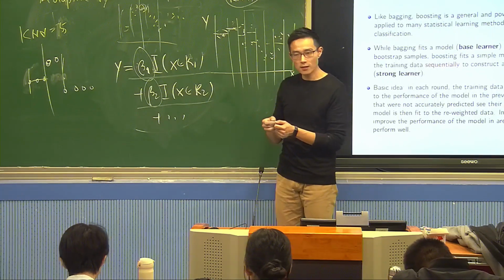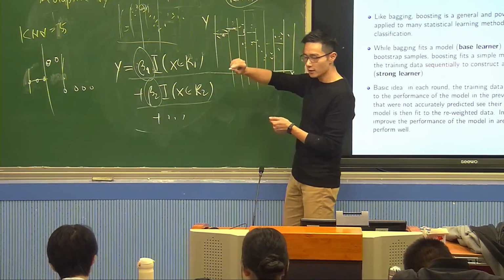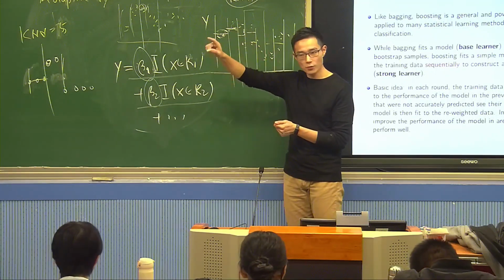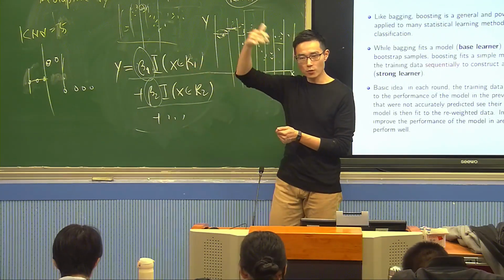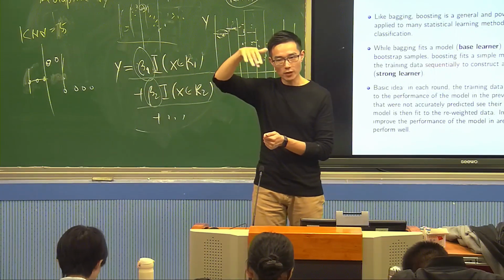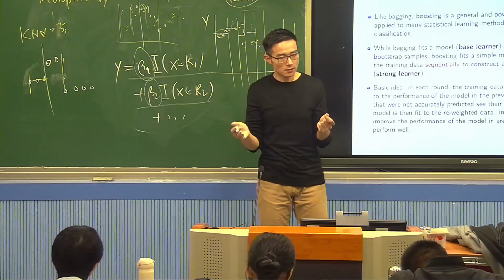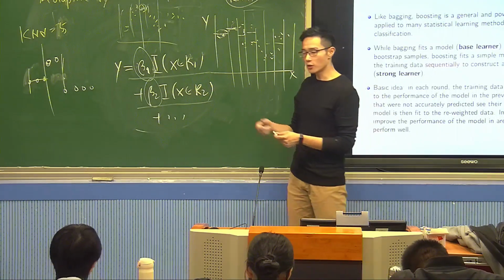A traditional non-parametric method like KNN is a method whose complexity can change with the data, right? So if the data grows more complex, the KNN fit will become more complex. That's a traditional non-parametric. So a tree has both.